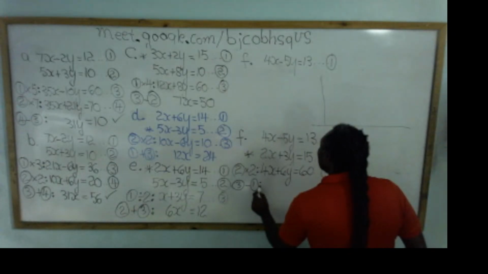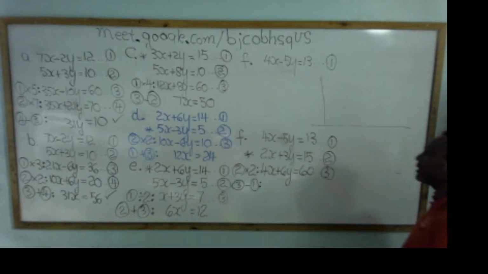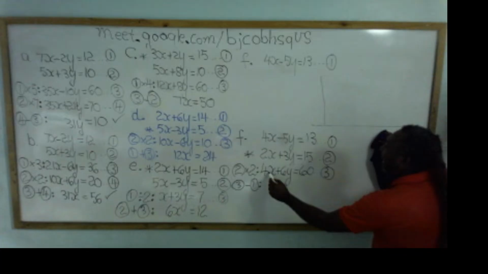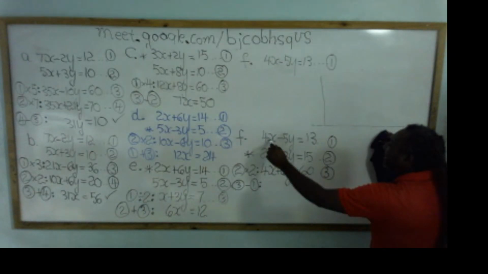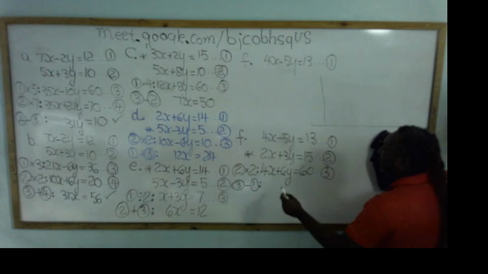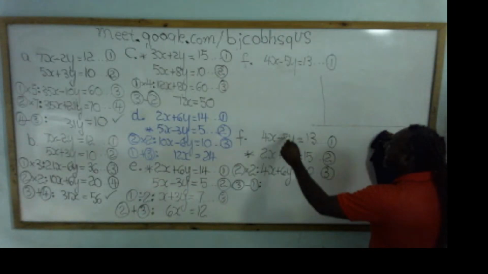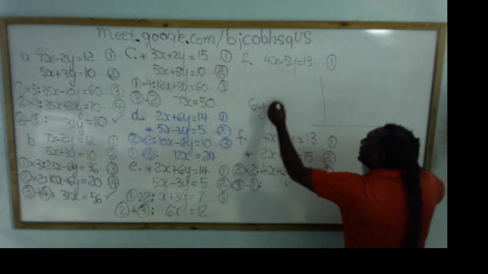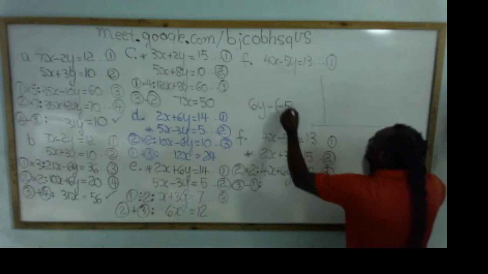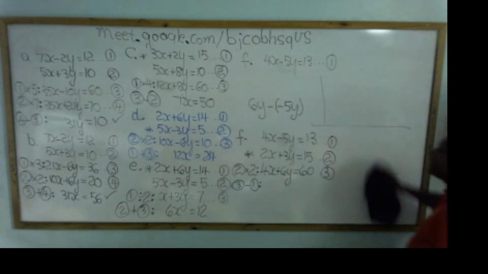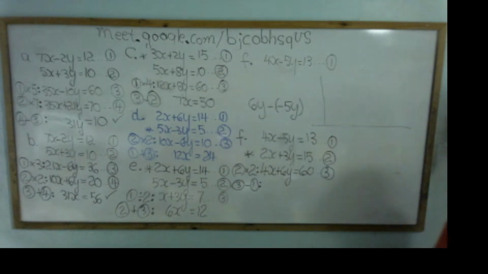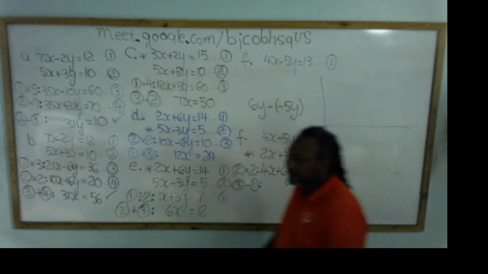When I say equation 3 minus equation 1, I say 4x minus 4x is 0. What about this one? 6y minus negative 5y. What do you say about that one?